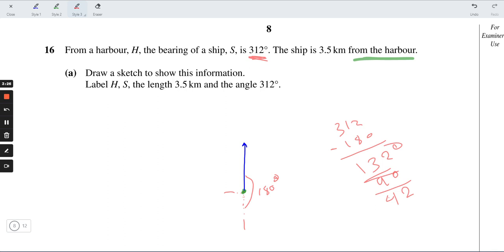We need 42 almost. It should be here almost. This will be the whole from here to here, it will be 200. Now 312. So here we have 312 degrees.